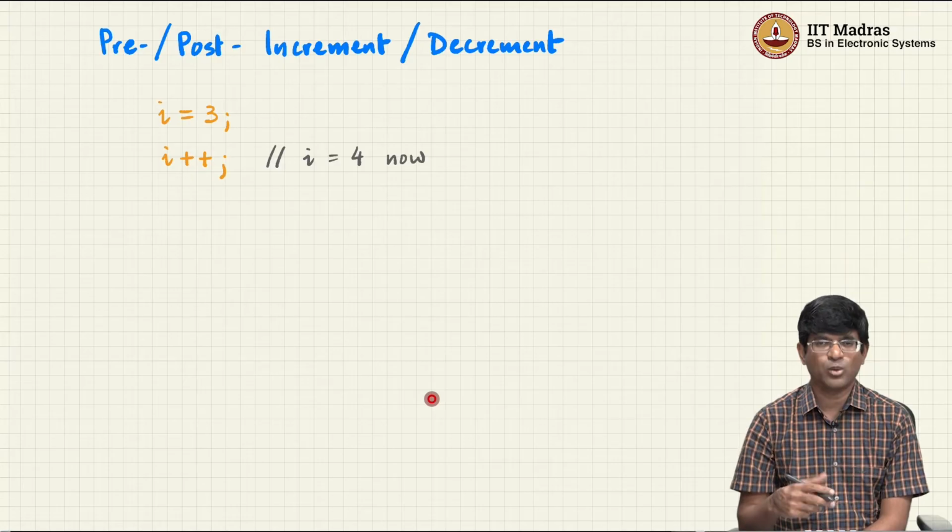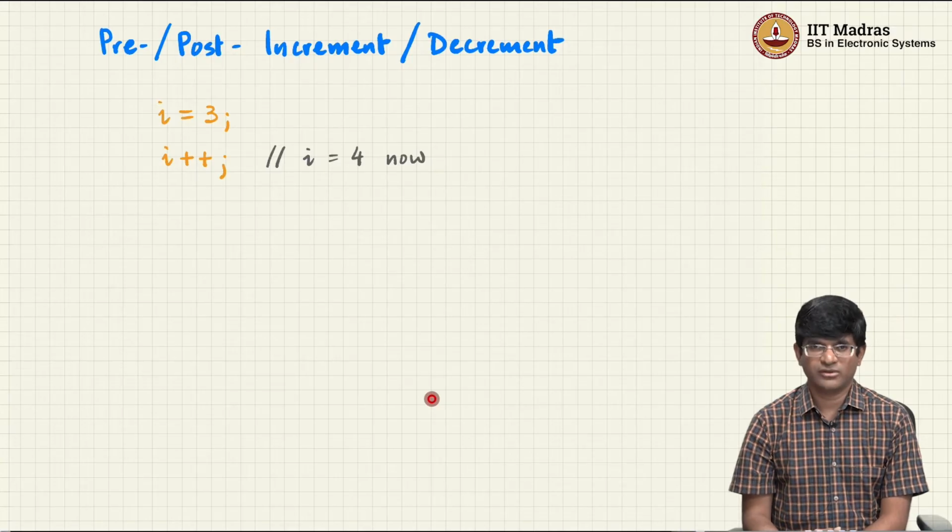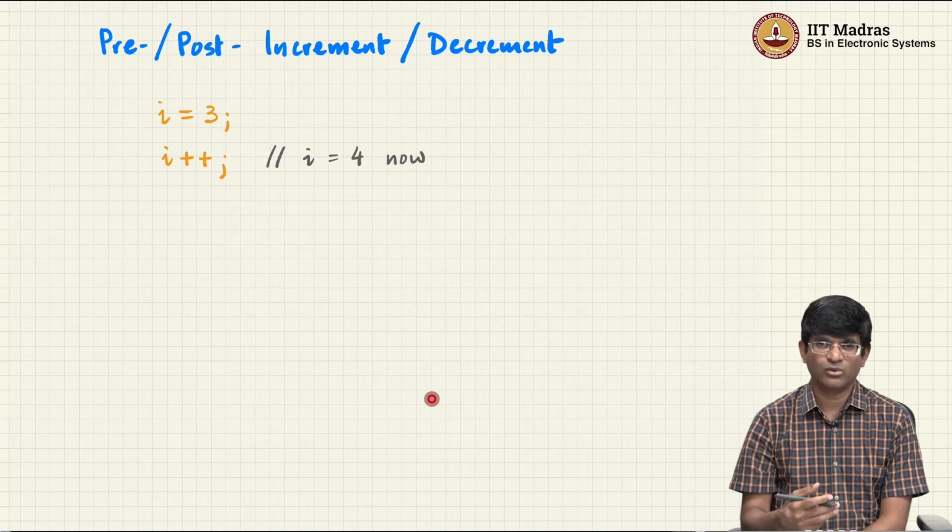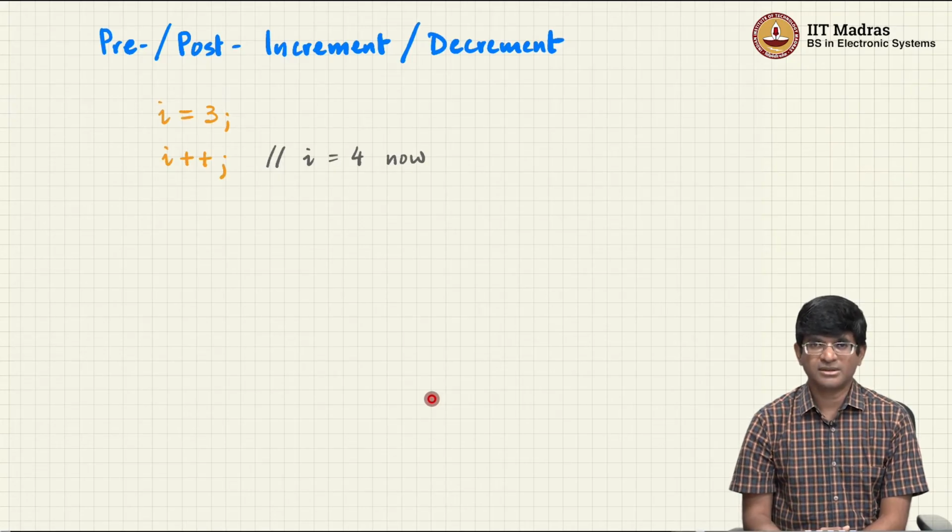So it's always by 1, either plus 1 or minus 1. Increment and decrement are very common scenarios that we encounter, primarily because of the concept of a loop, where we want to repeat a given set of instructions many times. And for whatever reason, the creators of C decided that having a shorthand for that would be useful.